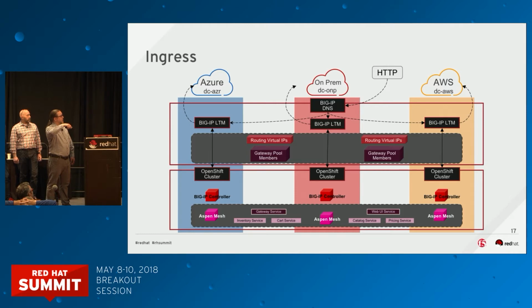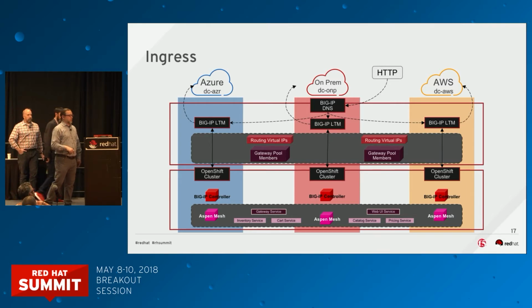The BIG-IP controller matches all the services deployed in your applications with pool members attached to virtual IP addresses inside the BIG-IP. The nifty thing is once you've set this up and you spin up pods to accommodate load, it automatically adds new pool members to the BIG-IP, so it's set it and forget it.